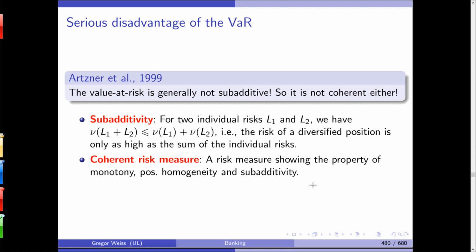If you combine investments and use certain statistical distributions, you actually end up with a higher value at risk for the portfolio than you would by simply adding up the individual VARs. And this is counterintuitive to our idea of diversification.